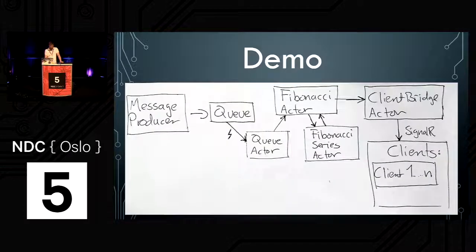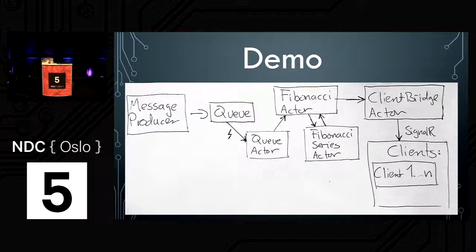So, which leads us to our demo. I'm terrible at drawing things on the computer, so I just drew a little sketch here, but I hope you can read it. We're making something that's quite similar to the simulator system, in that we have a message producer here, which is just a console application that produces messages containing the numbers -1 to 16, I think.